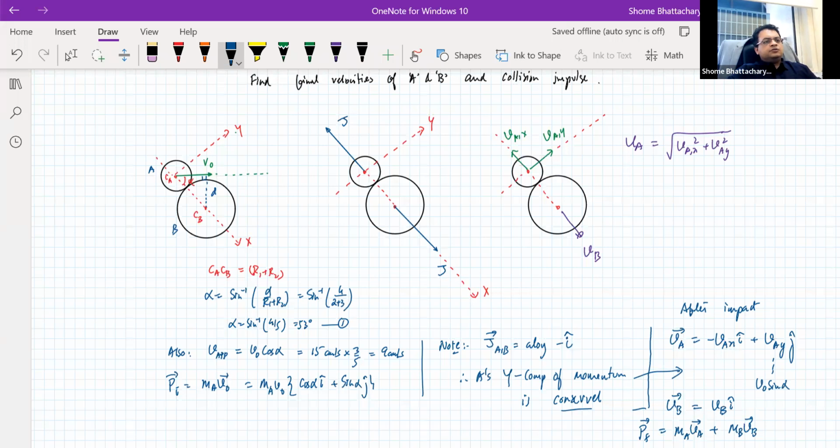Masses of A and B were 3 and 7 kg. Let me write that down here also, so you can start working on the final step if you have written down up to here. So these are the masses, and the coefficient of restitution was 0.8. This is the picture just before impact, this is during impact, and this is just after.